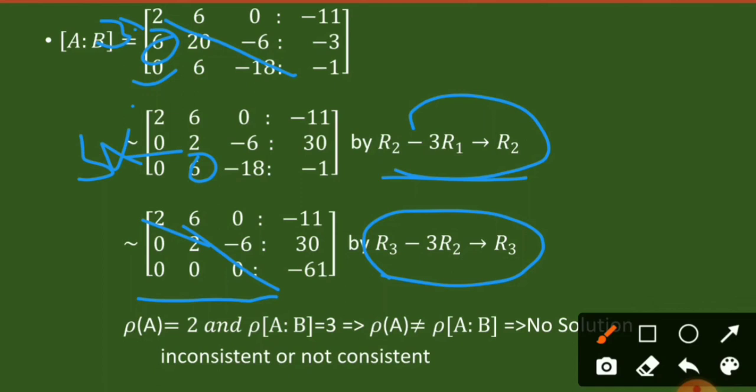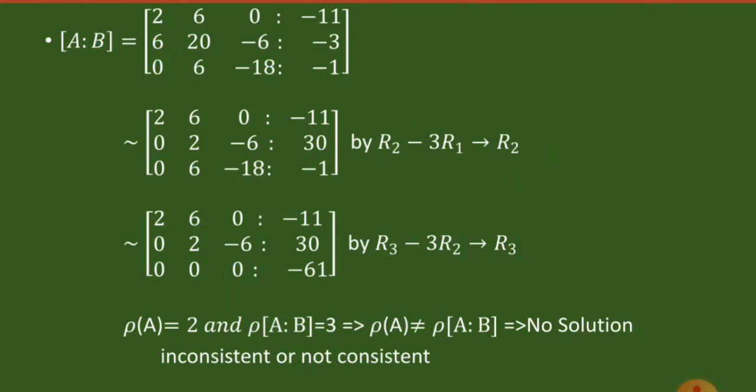Now here we have to check whether the ranks are equal or not. Only if the ranks are equal will the equations be consistent. If the ranks are different, then the system of equations is called inconsistent. In this case you can see that the rank of just this A matrix is 2, because there are only 2 non-zero rows here.